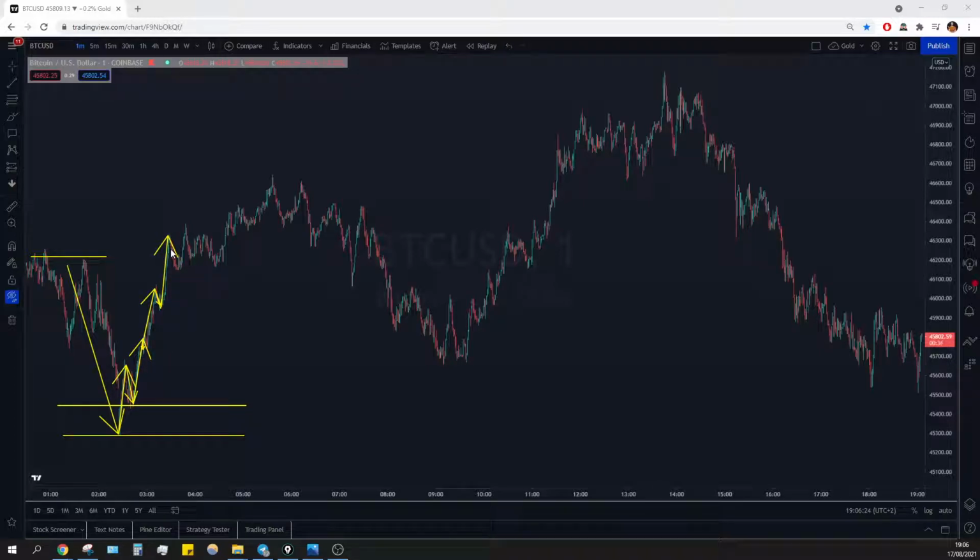impulsive, pullback. We have now a deeper pullback that goes, let's see where it goes, on the left hand side. It is dipping a little bit below these levels. So you might say, okay, then you see a retest of this level, exact level.